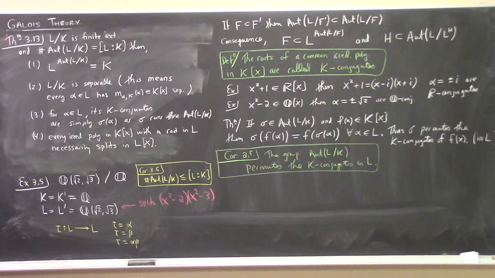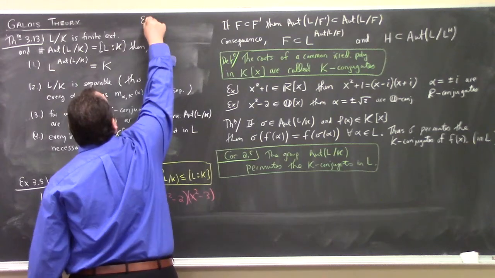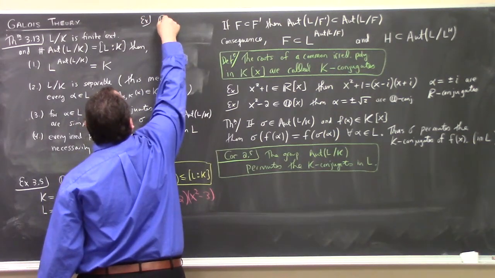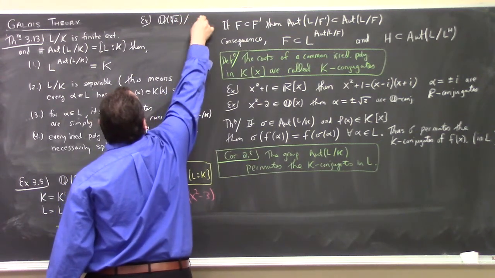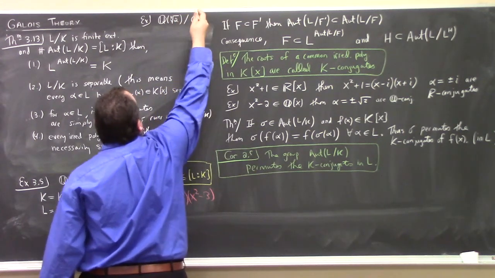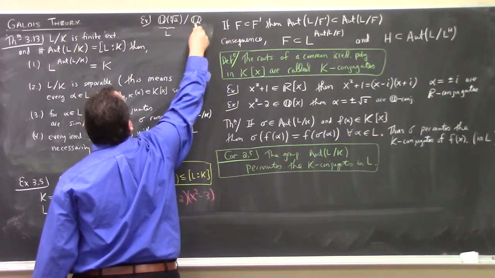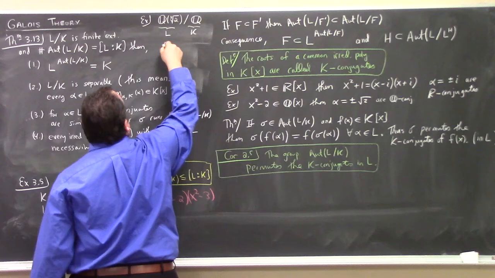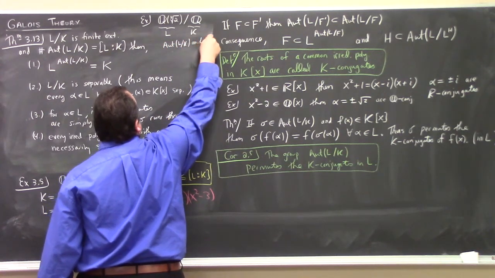It is, of course, not the case if you have a finite extension which doesn't meet that. What's our standard go-to example of something which doesn't meet the criteria of theorem 3.13? It would be Q adjoin the cube root of 2 over Q, right? Because we saw that if this is L and this is K, then Aut L over K is just the identity.